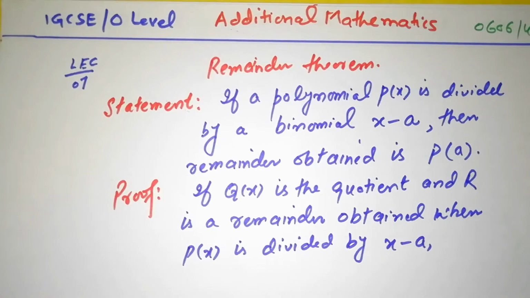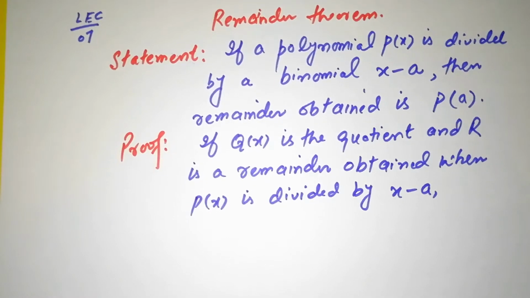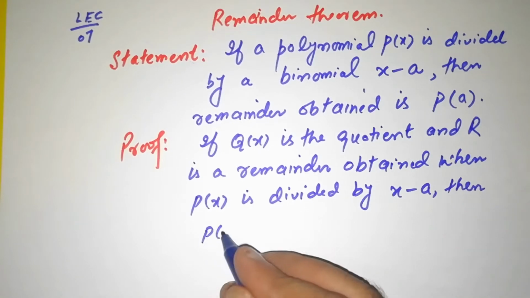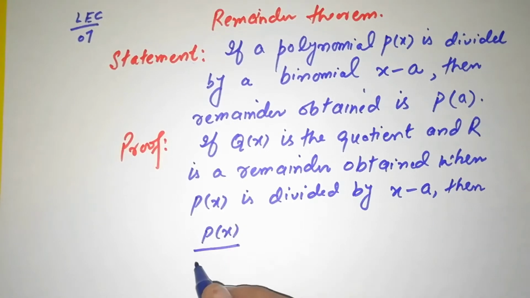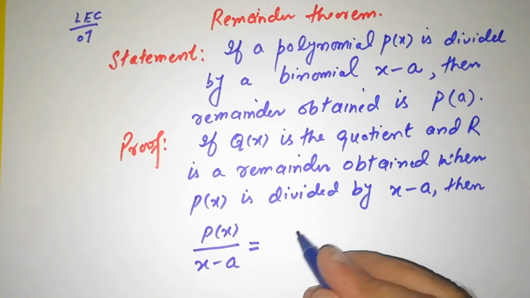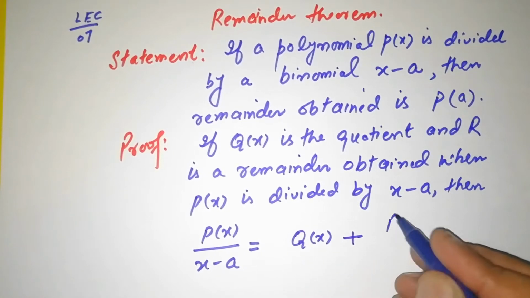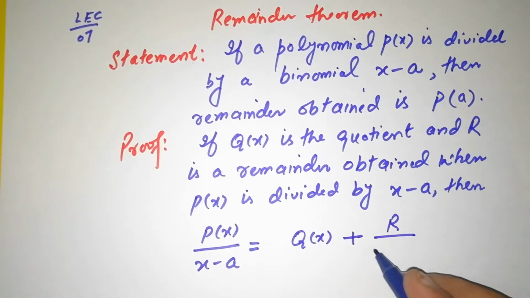When we divide a polynomial by any binomial, we get the quotient plus the remainder divided by this divisor.